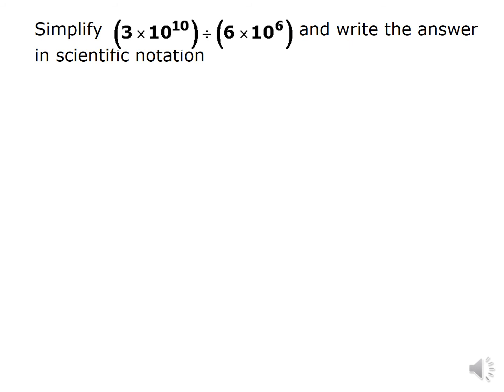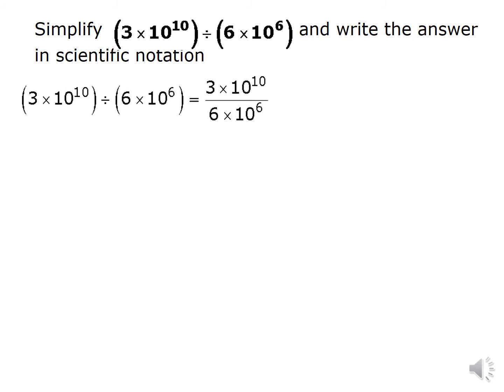Okay, so here is a scientific notation problem being divided. So the first thing I want to do is set it up as a division problem. And then I'm going to take each part of it and solve it separately. So I'm going to split it like this, solve this part, and solve this part.